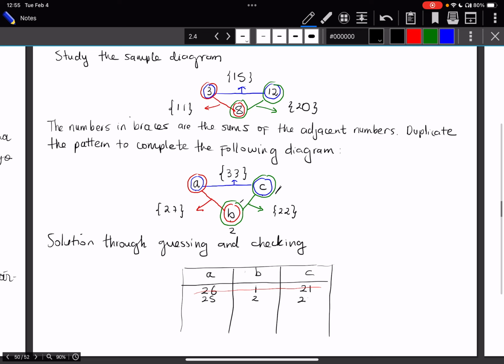That would give us 20 for C. With a 25 here and a 20 there, we would check 25 plus 20, that's 45. That's not equal to 33. So this is another guess that does not work. So B equals 2 is not an option.